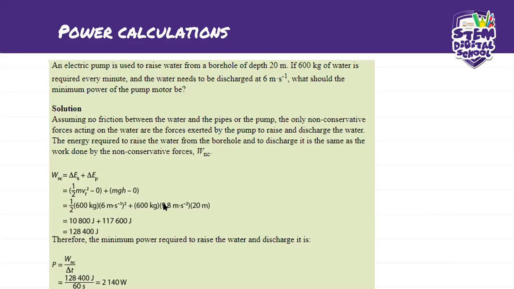You're going to plug in everything that you have, and this is the answer that you're going to get. Okay, so therefore the minimum power required to raise water and discharge it will be this that you've just calculated divided by the time, which is 1 hour, and that will be 2140 watts. Okay, I hope that that makes sense to you.